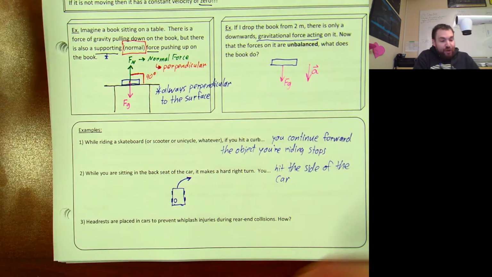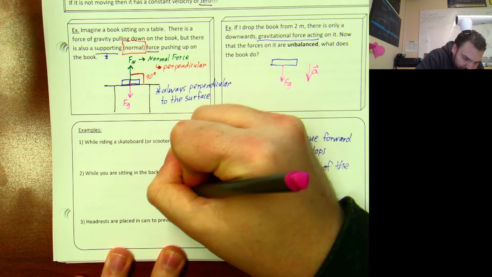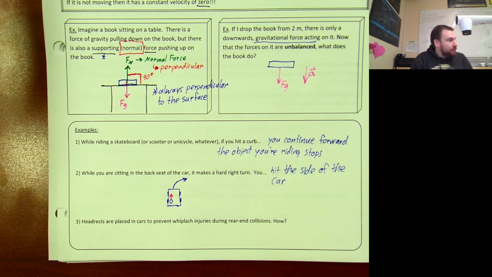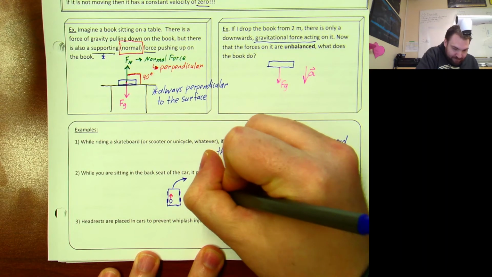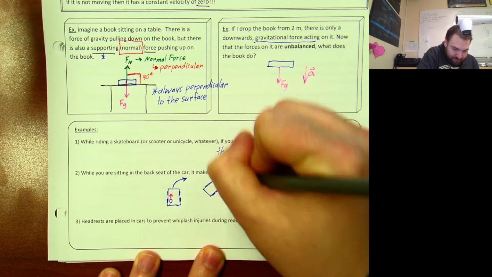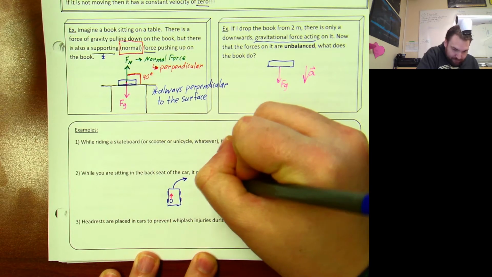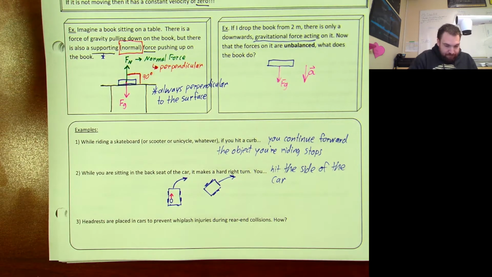The reason for that is because you want to continue forward. Inertia makes your body want to continue in the same direction, but when another force is applied on you, you want to keep moving in the same direction, so that's why your body goes the opposite way.